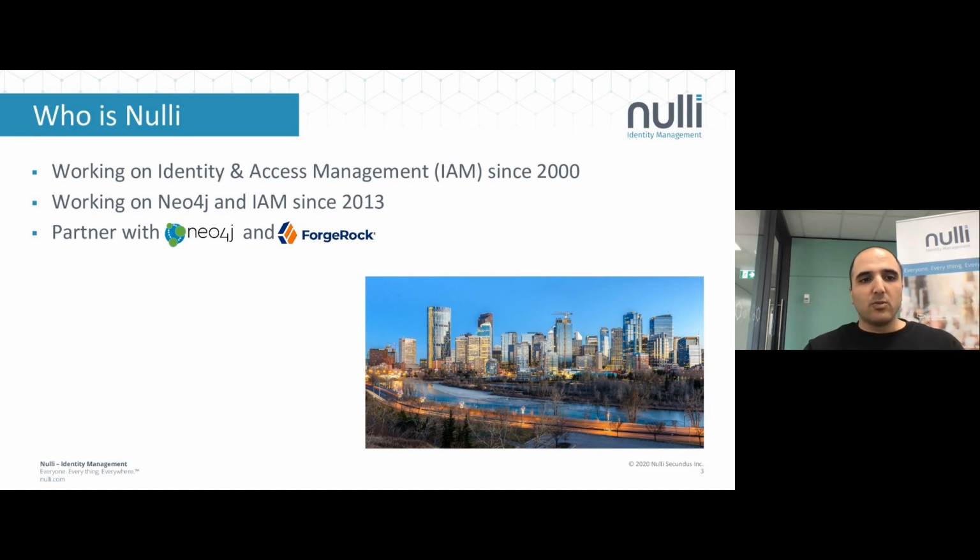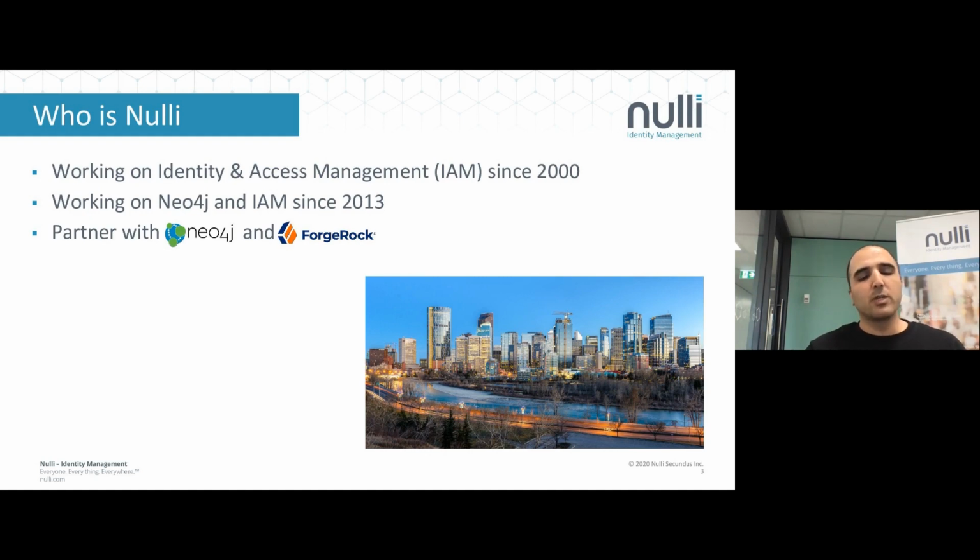So as I told you, I'm working for a company called Nulli. We are located in Calgary, Alberta, Canada. And this picture you see here in this slide, it's from Calgary downtown. We've been working on identity and access management problems since 2000. And since 2013, we actually started integrating Neo4j into the identity and access management solutions that we have been providing for our clients.